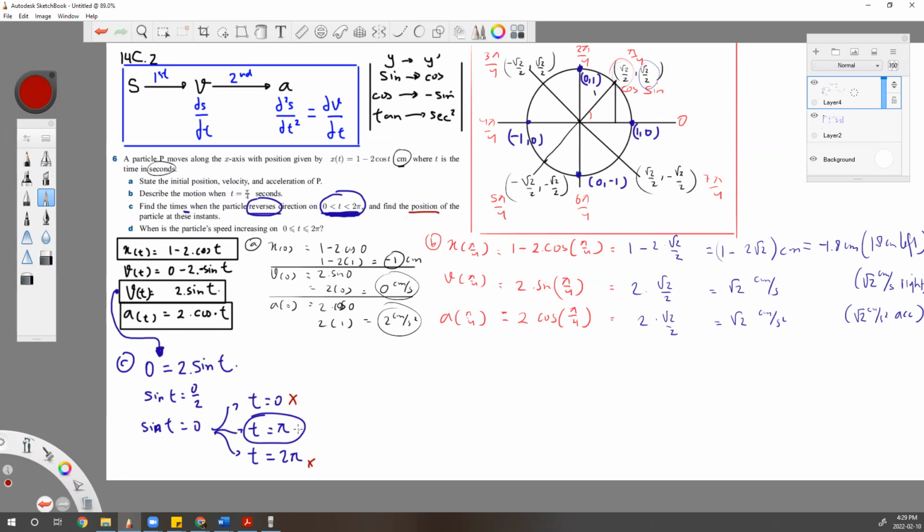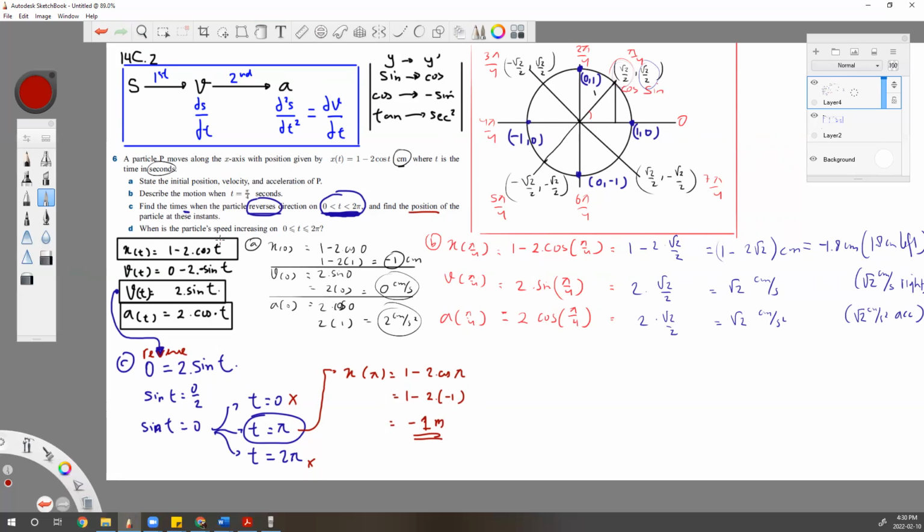At t equals pi, because this is where it reverses direction, x of pi equals 1 minus 2 times cos pi. Where is the pi? Here, cos pi is negative 1. So at negative 1 meter, it changed its direction.